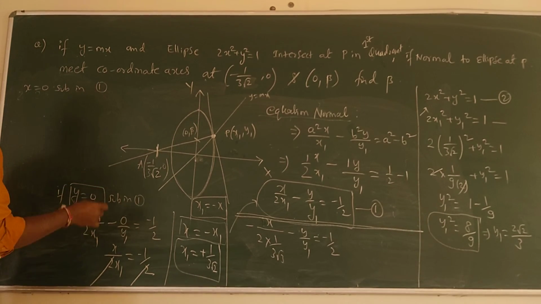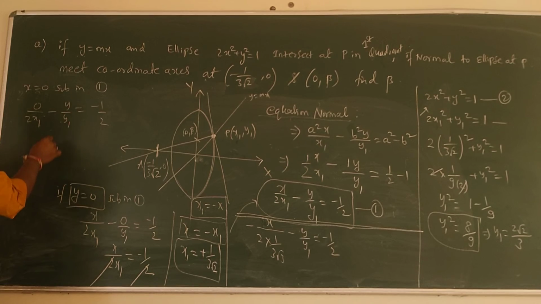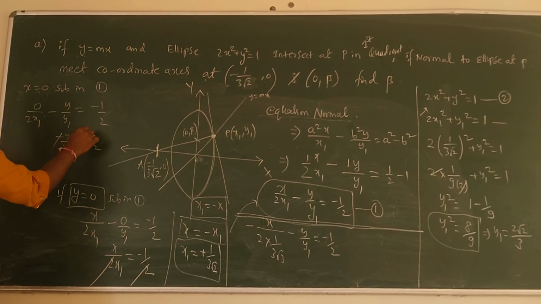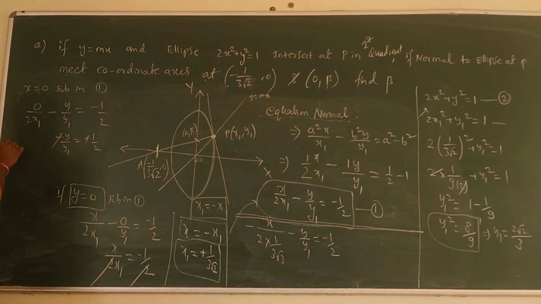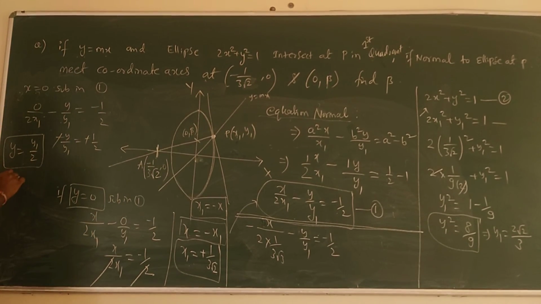If I substitute in the first equation, I get 0 by 2x1 minus y by y1 is equal to minus half. So from here I am going to get y by y1 is equal to minus half. So minus minus cancel out. Y value I am getting is y1 by 2, means y value is nothing but beta here.